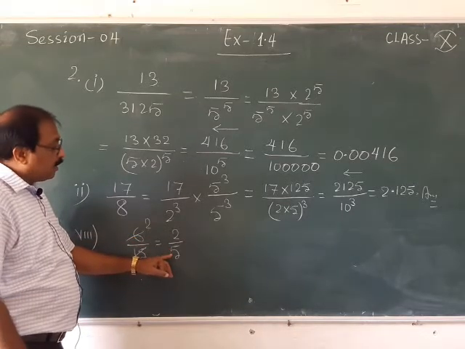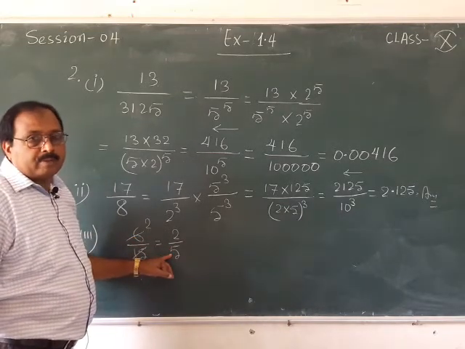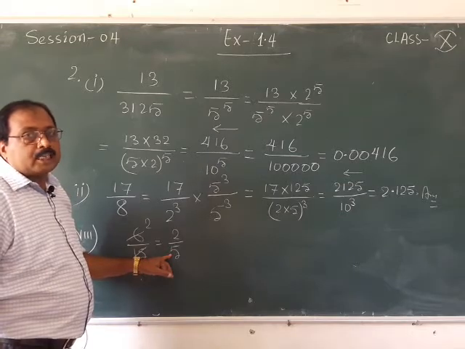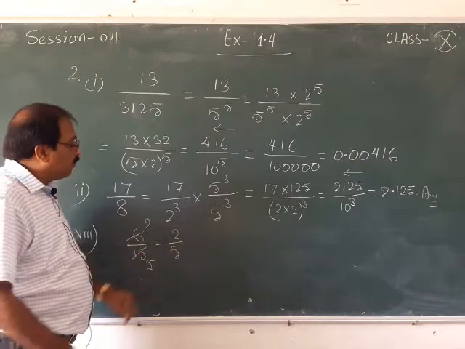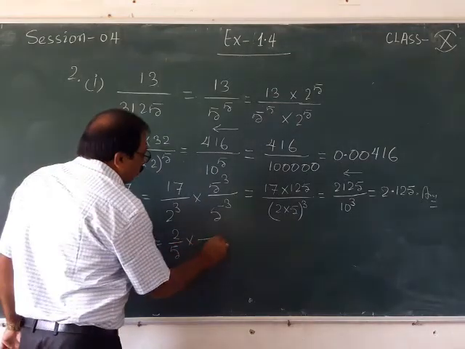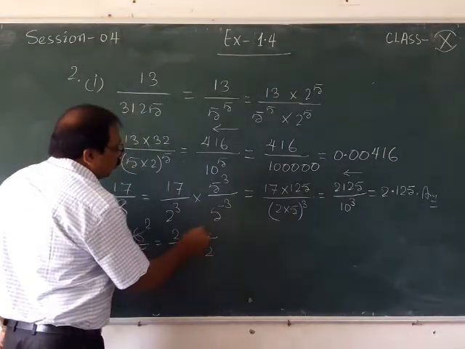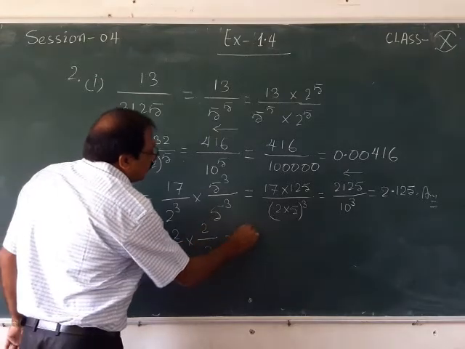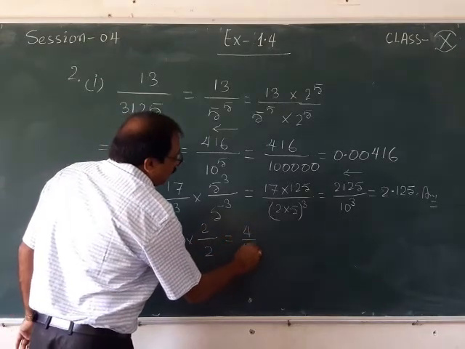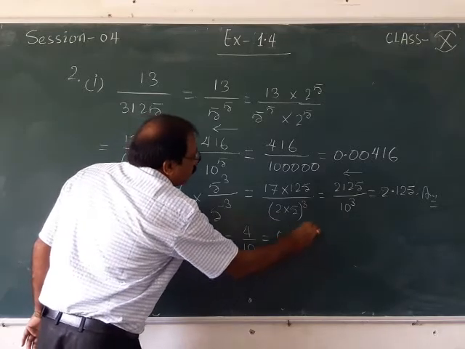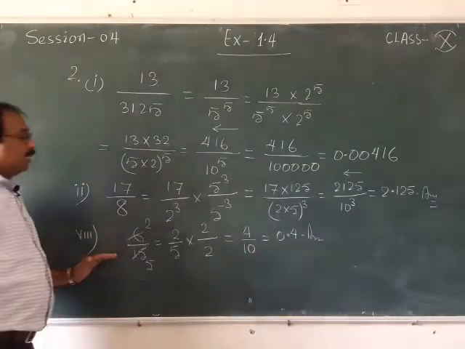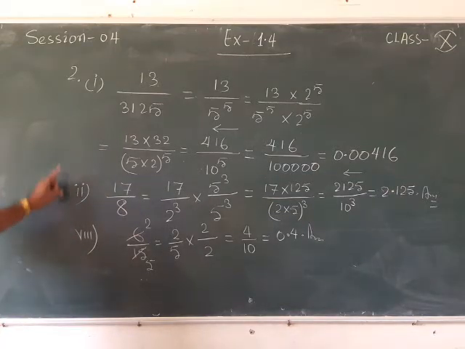Now you can see here, what is the power of 5? What is the exponent of 5? Here there is no written power, which means 5 has only one power. So what I am going to do is multiply it by 2 and divide it by 2. That means it becomes 4 upon 10. So this number can be written as 0.4. So this is the decimal expansion of question number 8.